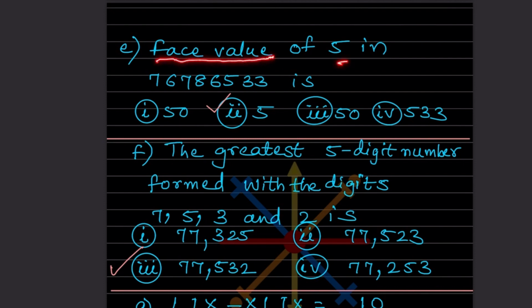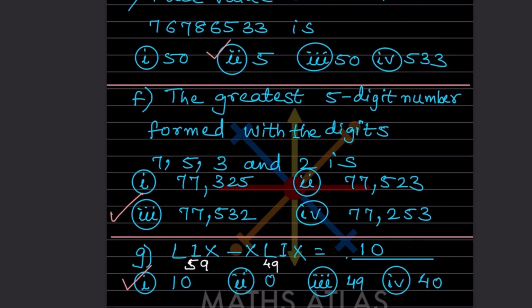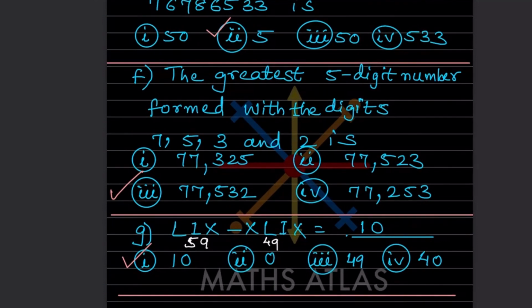So 5 is going to be 5 itself. Face means it is going to be the same, and the place value is based on the position. Somebody may ask you for the place value: the places are 1s, 10s and 100s. This 5 is in the 100s place, so it is going to be 500.